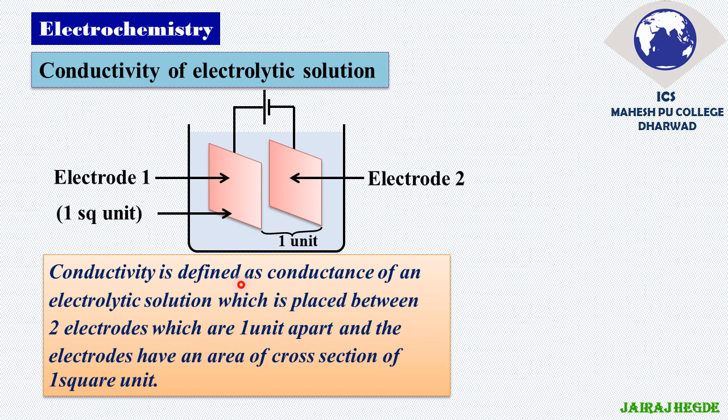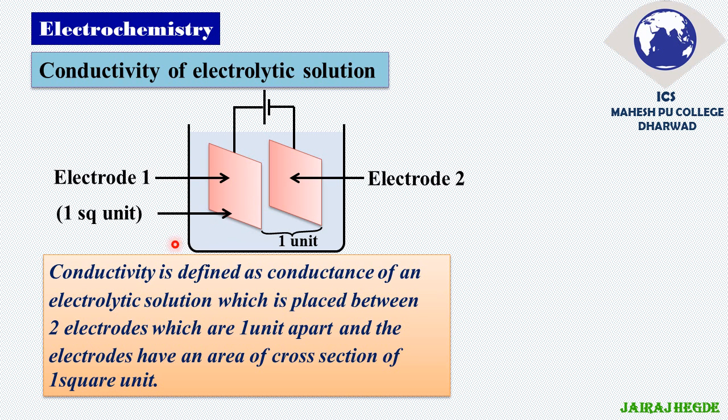Conductance G of the electrolytic solution, when it is placed between two electrodes 1 meter or 1 centimeter or 1 unit apart, and with the electrodes having the area of cross section of 1 square unit, or 1 square centimeter or meter.